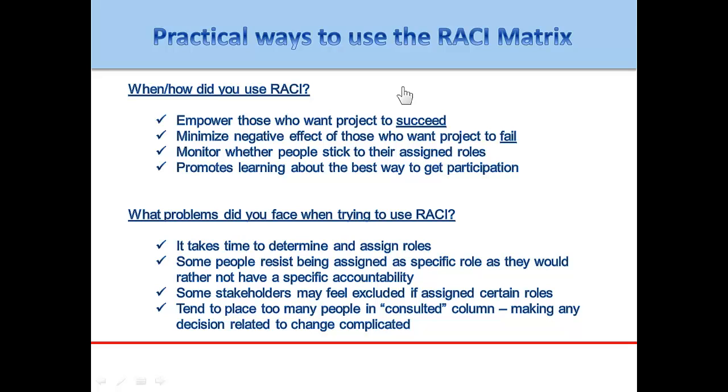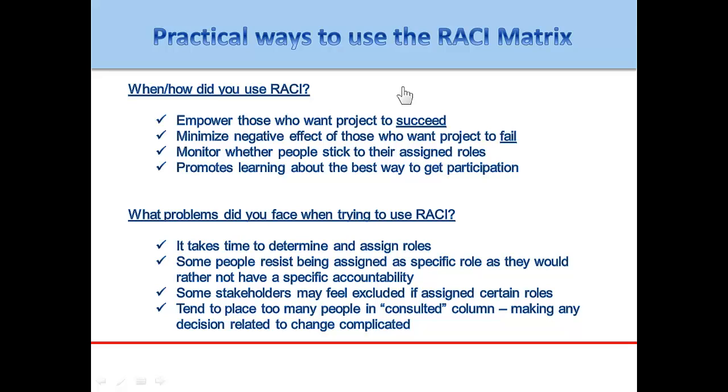Ideally, we wish that everyone wanted a project to succeed, but there are almost always people who have a negative attitude or see themselves as being in some type of competition with the project. It's very important, therefore, to identify those people and strategize how they can be given a role or how their roles can be managed to minimize their negative effects.